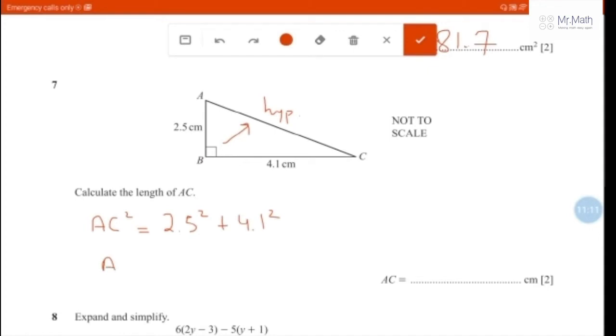So AC is equal to the square root of 2.5 squared plus 4.1 squared, and the answer is 4.802. To three significant figures, the final answer is 4.8. So AC is 4.8 centimeters.